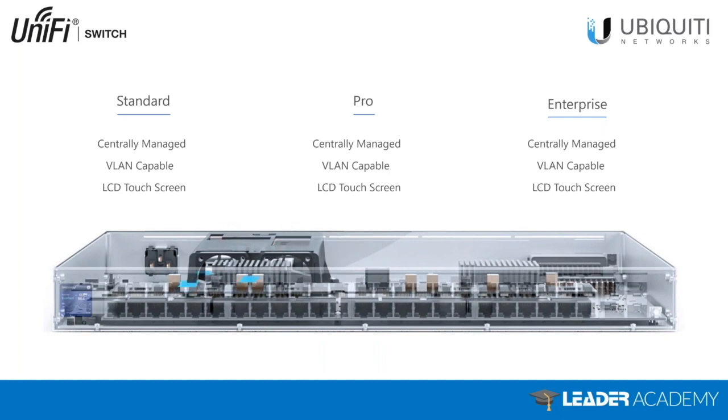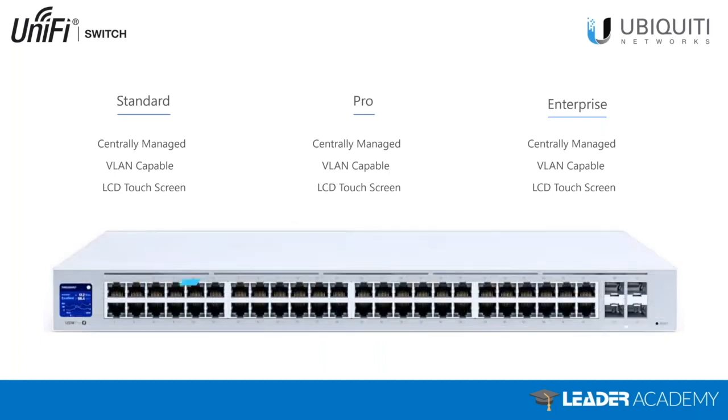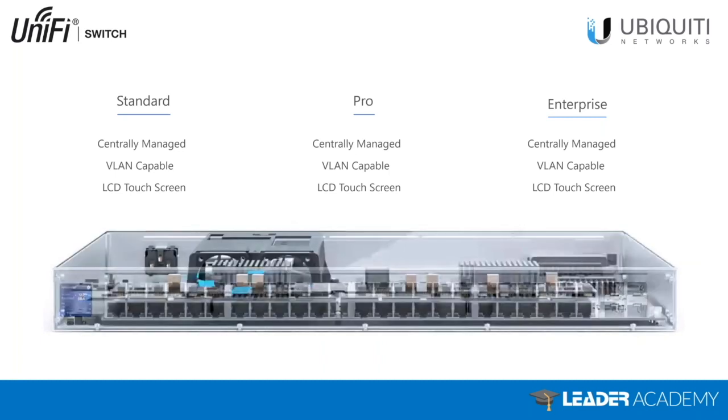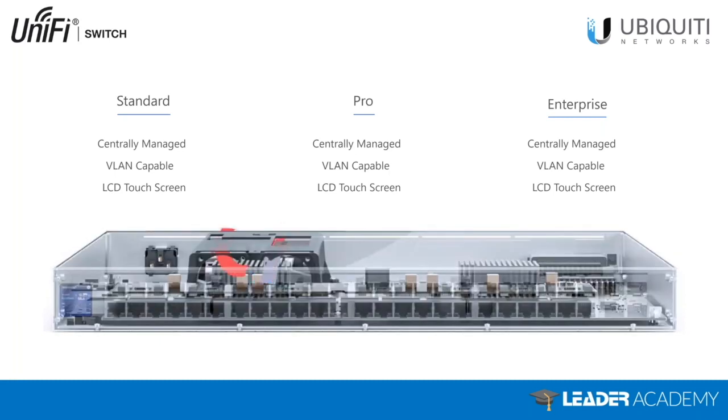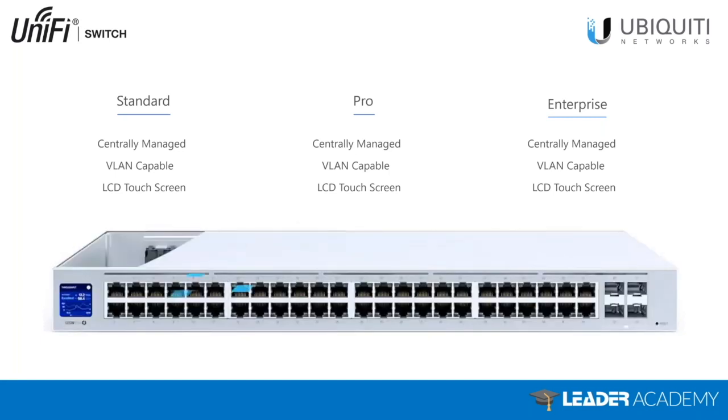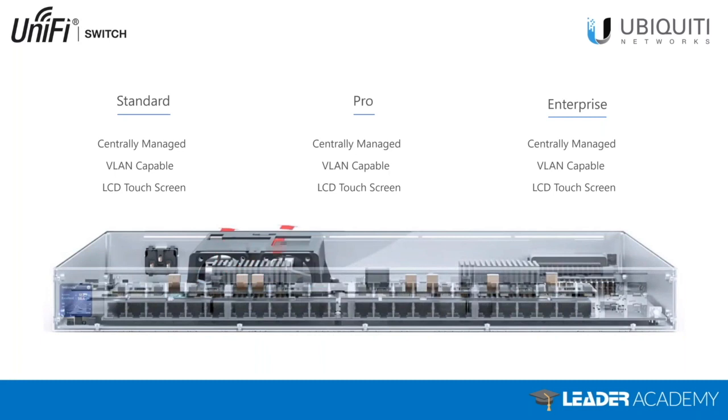Now, just on that, because they are passively cooled, it's probably best that you don't stack these on top of each other. As you can imagine, things might get a little bit too hot and they can't cool themselves down as efficiently as possible. But don't let that deter you from picking the standard version. They're great to deploy on their own in smaller environments where it's just the one switch that you need.